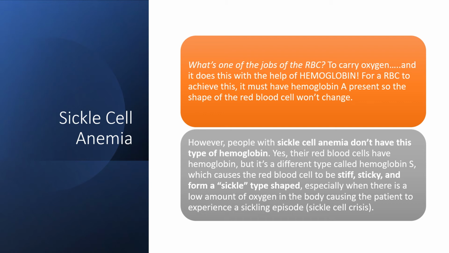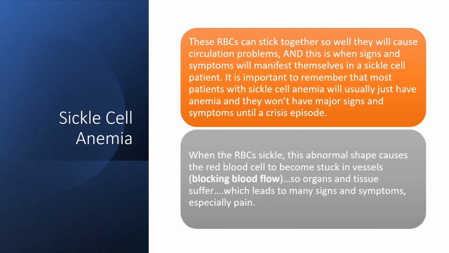But what does the sickle cell patient have? They do not have the hemoglobin A. They have the hemoglobin S. So they need the A present so the shape of the red blood cells won't change. These red blood cells then stick together so well that they will cause circulation problems. They cause an obstruction.